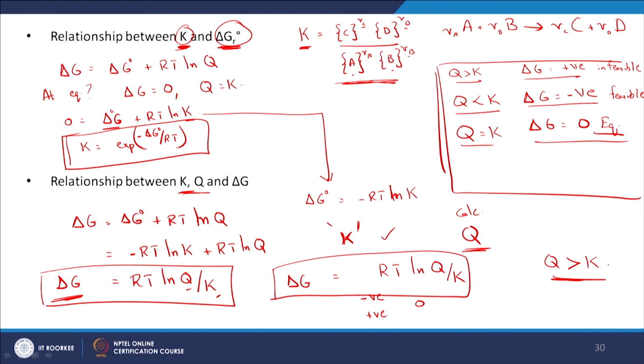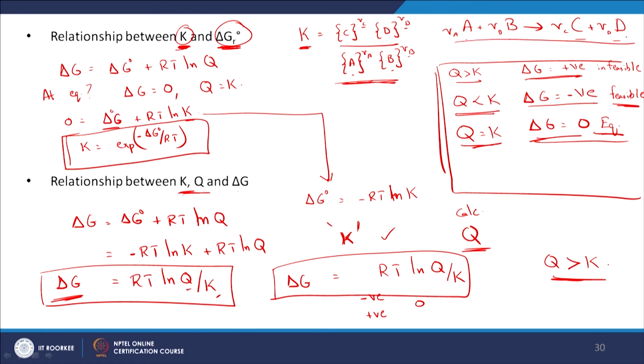When Q is greater than K, the forward reaction as we have defined it is infeasible, but the reverse reaction, as in C and D reacting to form B and A, is going to be feasible, right. And when Q is less than K, the forward reaction is feasible, as in written as A and B reacting to form C and D and so on. When Q is equal to K, obviously that means the system is at equilibrium or delta G is 0, and then there is no further change in the system, right.